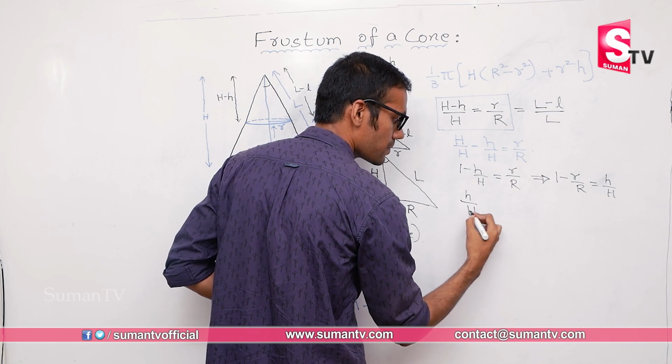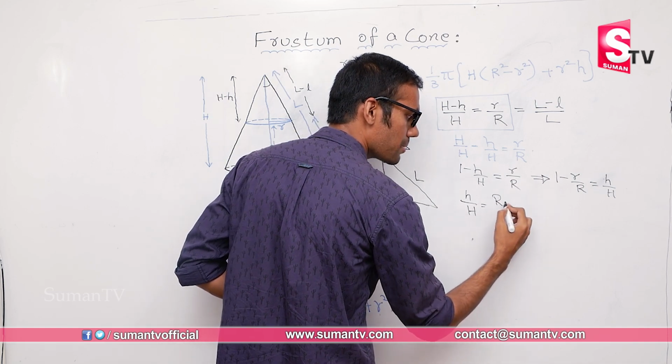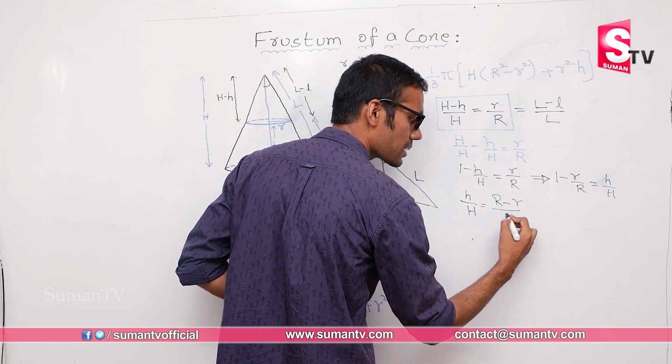Small h by capital H is equal to capital R minus small r divided by capital R.